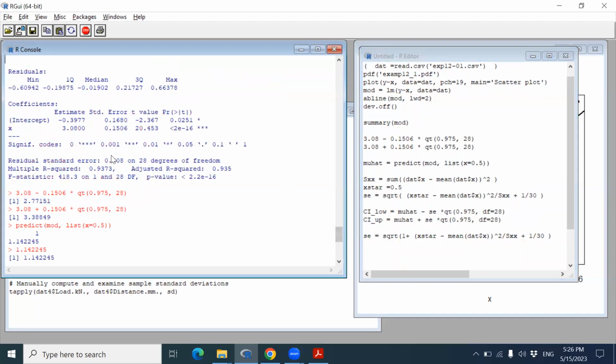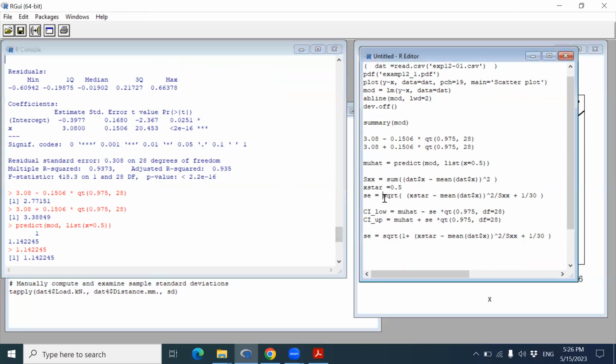S is this residual standard error, 0.308. So I'm going to put 0.308 times that. That is the standard error calculated based on the mean square error. And then this prediction error will have 1 plus that in the square root.